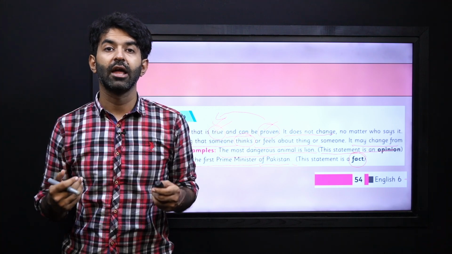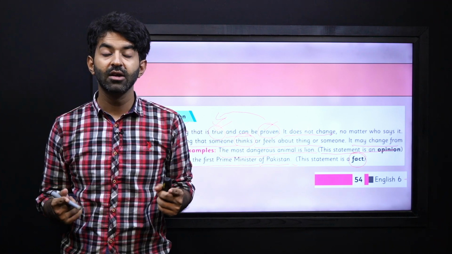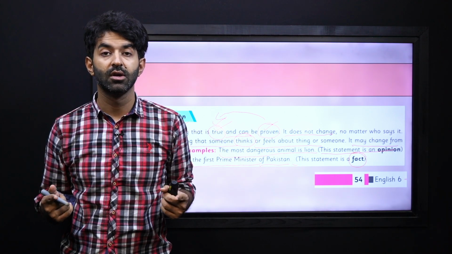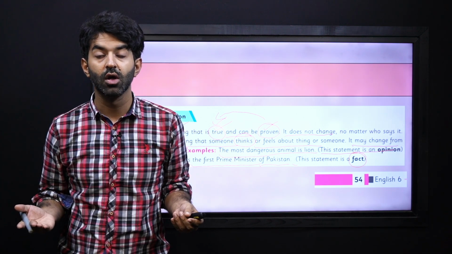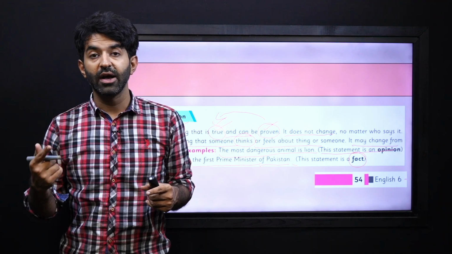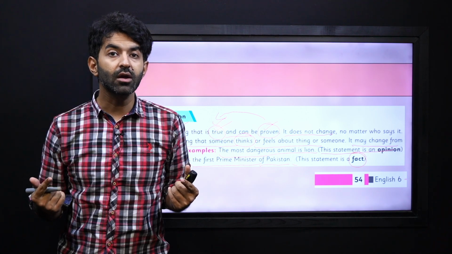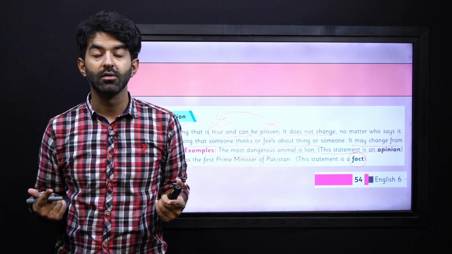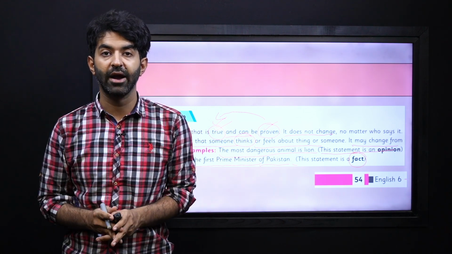Something that can be proven, something that is true, is a fact. The sun rises from the east is a fact. The sun sets in the west is a fact also. But if I say, I think this book is really interesting, this is an opinion. This is what I feel or think. So we are very much clear about fact and opinion.